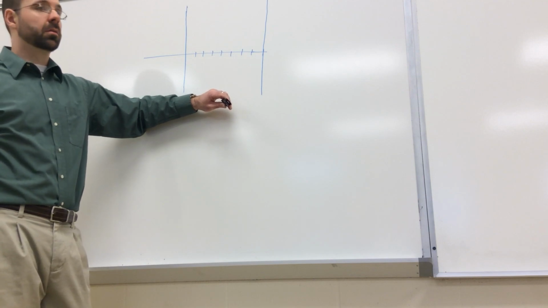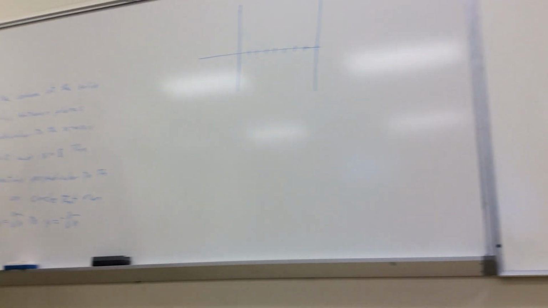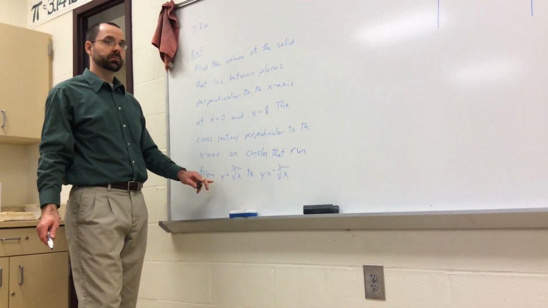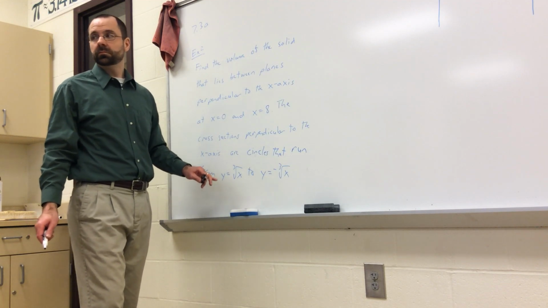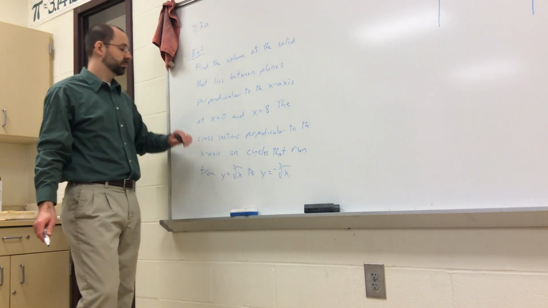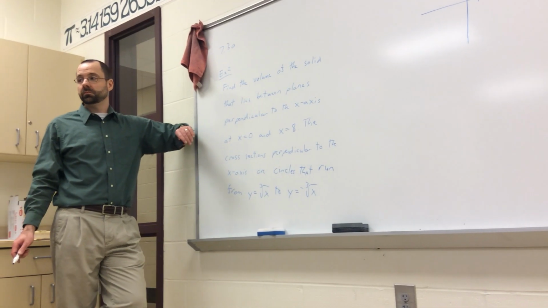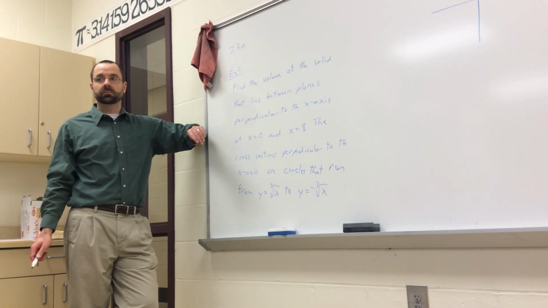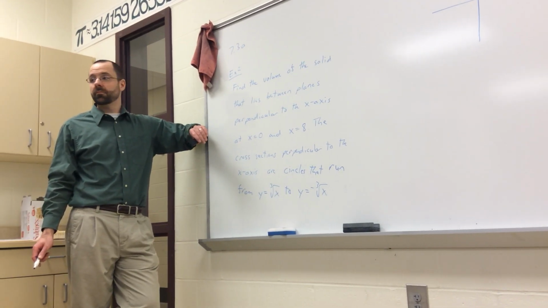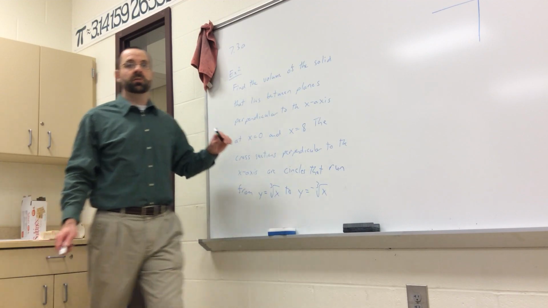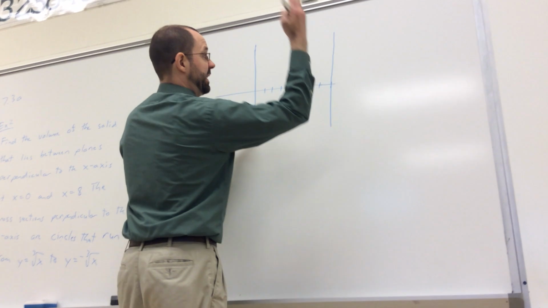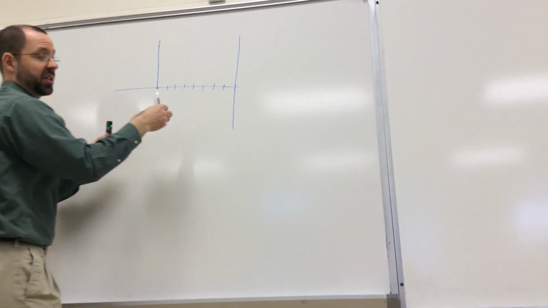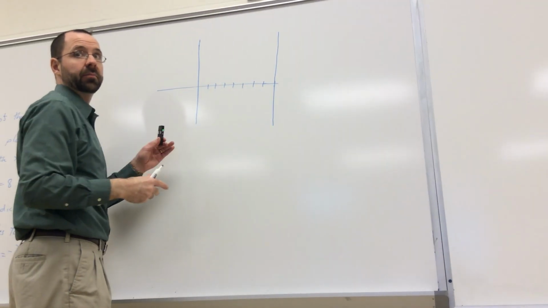Is that from y equals the negative cube root of x to cube root of x? Yes. So we have a plane here and a plane here, and the solid is in between those somewhere.